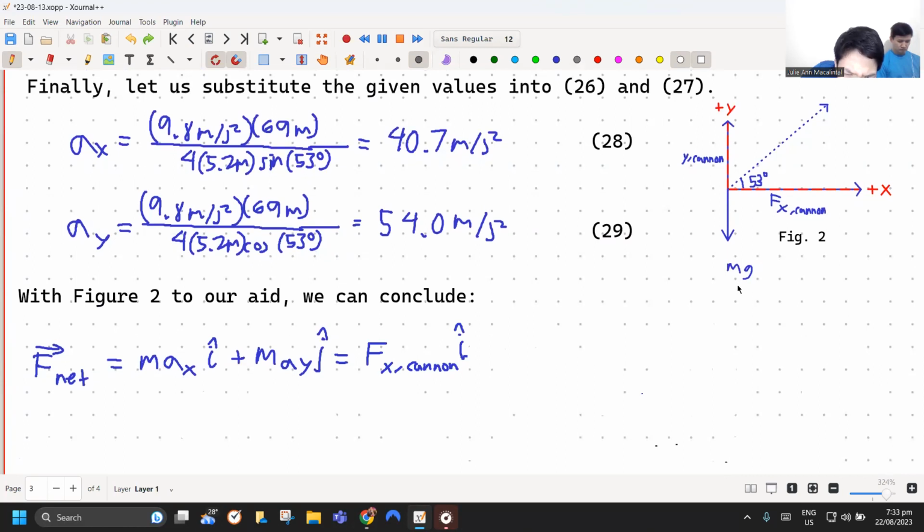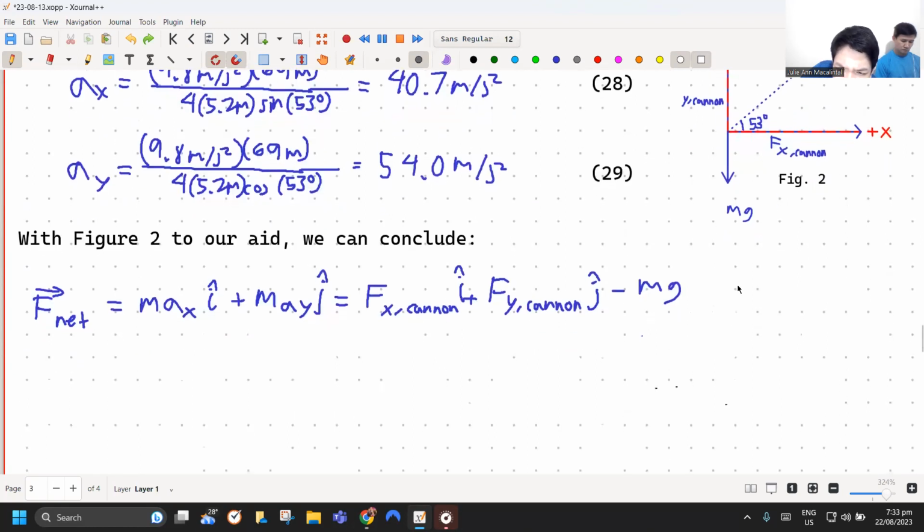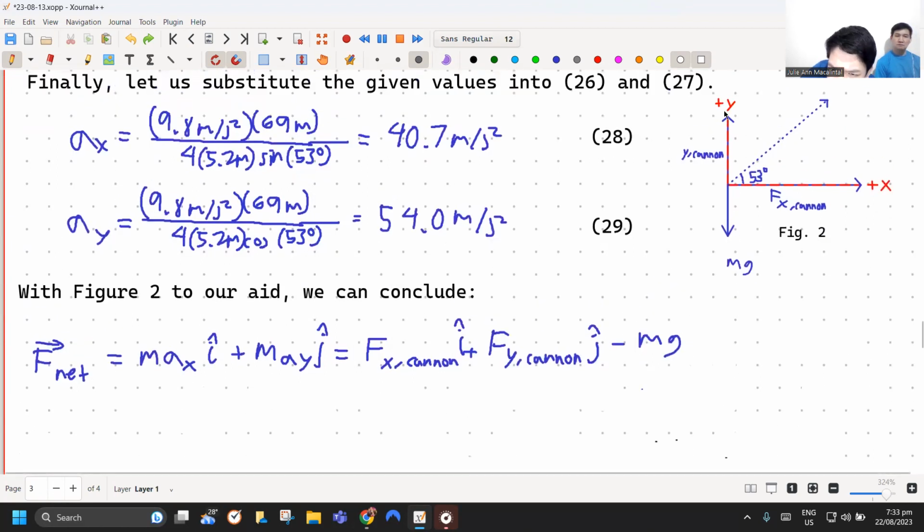In the terms we used earlier, that is Fx cannon i plus Fy cannon j minus his gravitational force, which is in the y-axis, so in the j direction.